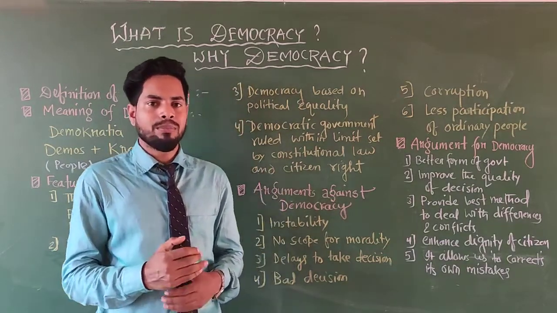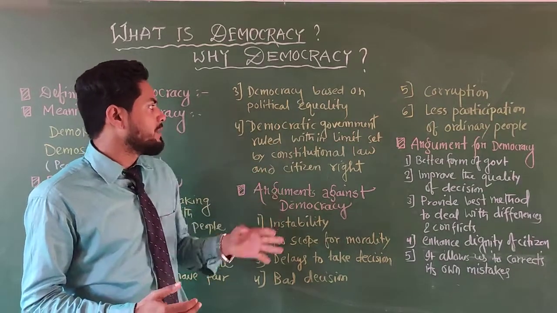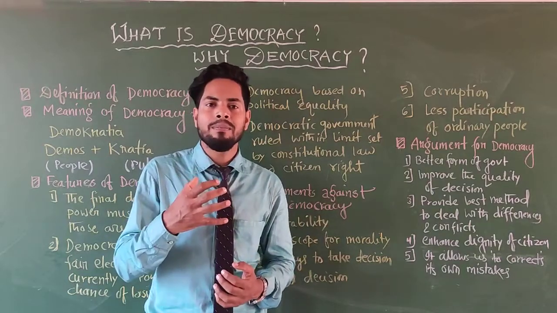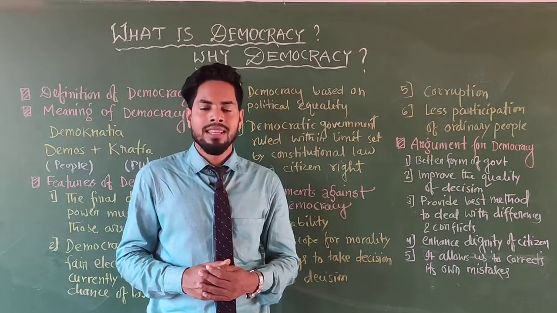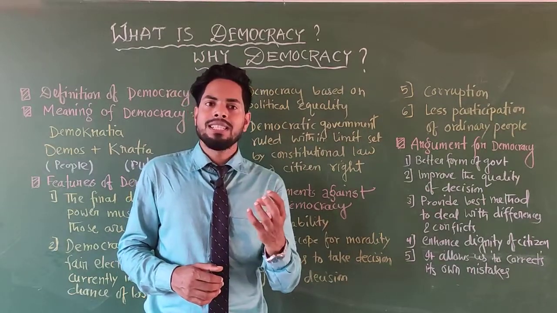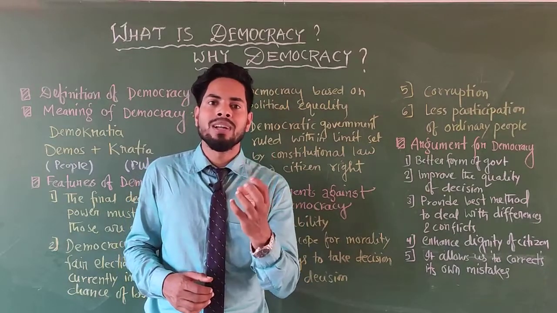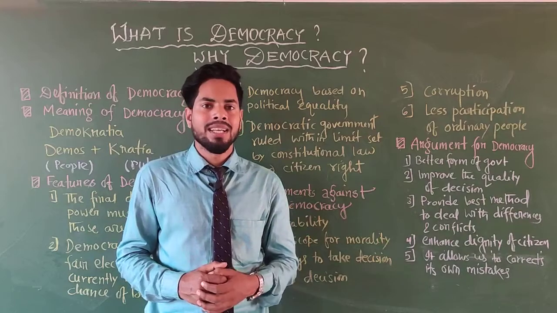Next, we move to another feature of democratic government. Democratic government rules within limits set up by constitutional law and citizens' rights. Elected representatives are the leaders in democracy. They don't rule according to what they think.